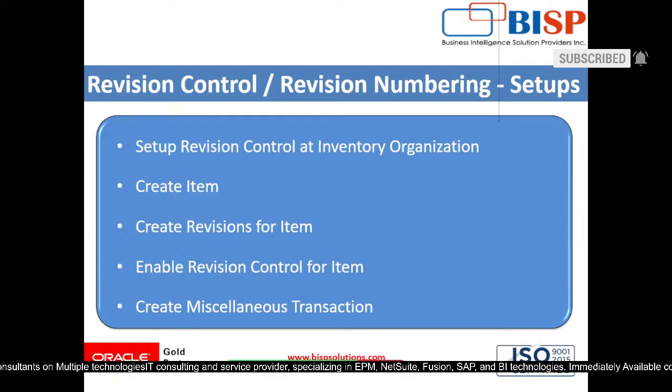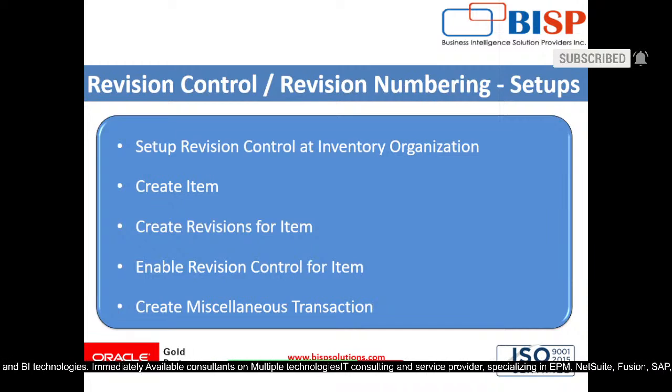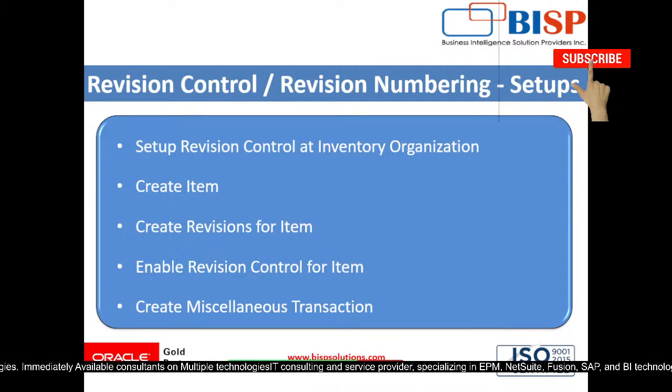In our previous topic on lot control we defined the lot. In the same way we have to define the revision control setups in our application. After that we have to create the item and create the revision for the item, and we have to enable the transaction, the same way as in the previous topic on lot control, right?